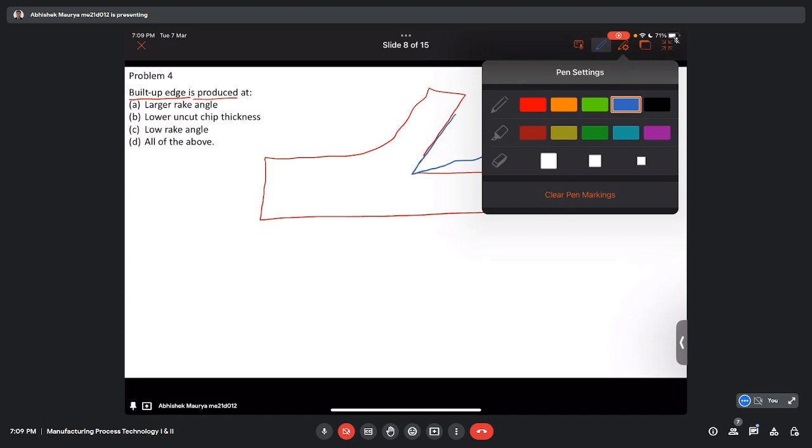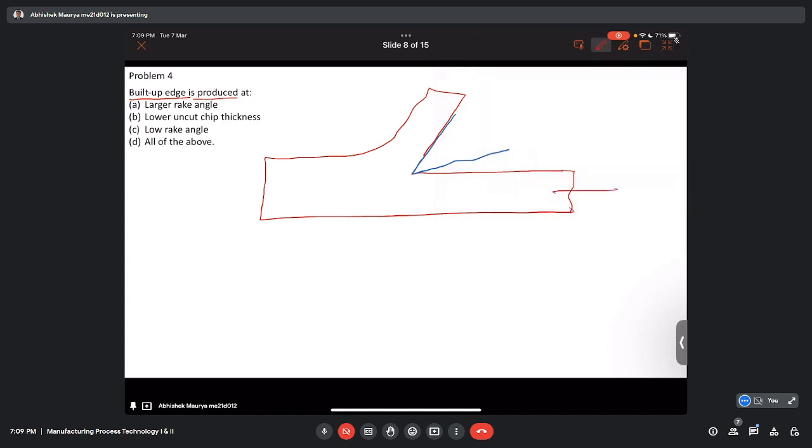There is a cutting velocity, V. This is the tool, this is the chip, this is the workpiece, and here we have a rake face.